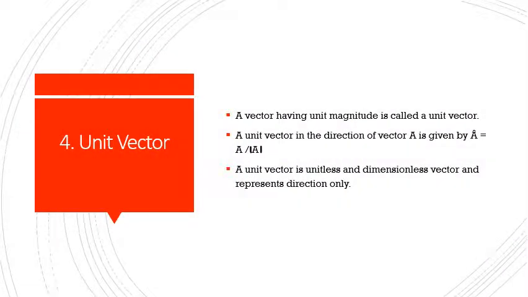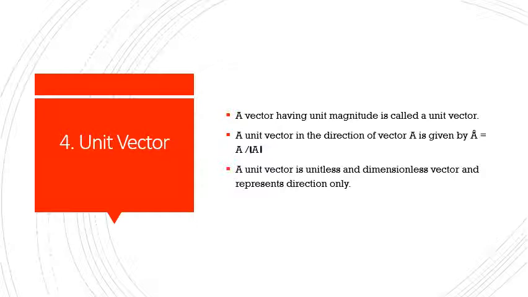Fourth type is the unit vector. A vector having unit magnitude is called a unit vector. Unit means what? 1. A unit vector in the direction of vector A is given by, see, generally we mention a unit vector with a letter with a cap over it.